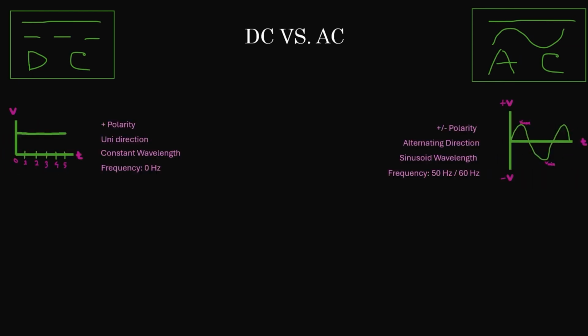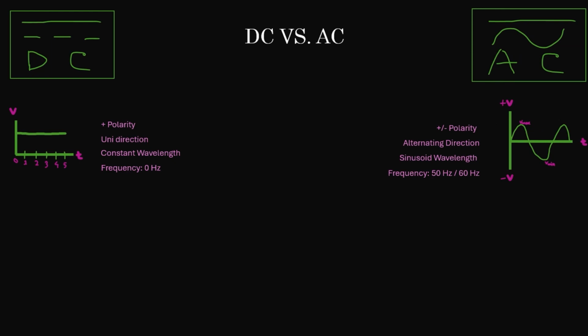So now I want to talk about the main differences between DC and AC. I think it will give you a clearer idea of what direct current is. First of all, DC has unipolarity, one polarity at a time, one direction, therefore a constant waveform, and there is no frequency at all.